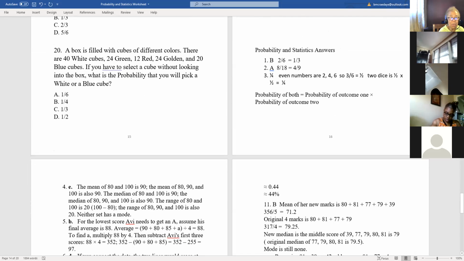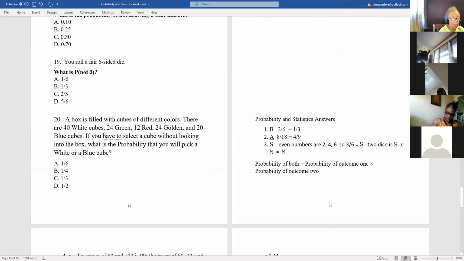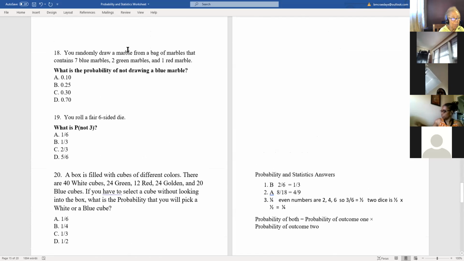You only have 3 more. And after you finish that, you'll be given an independent worksheet of probability and statistics that you will do and then give me the answers.